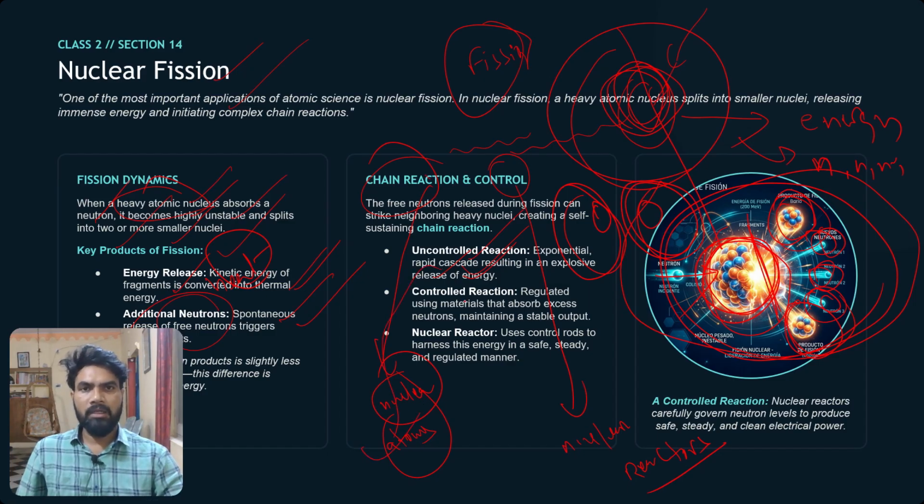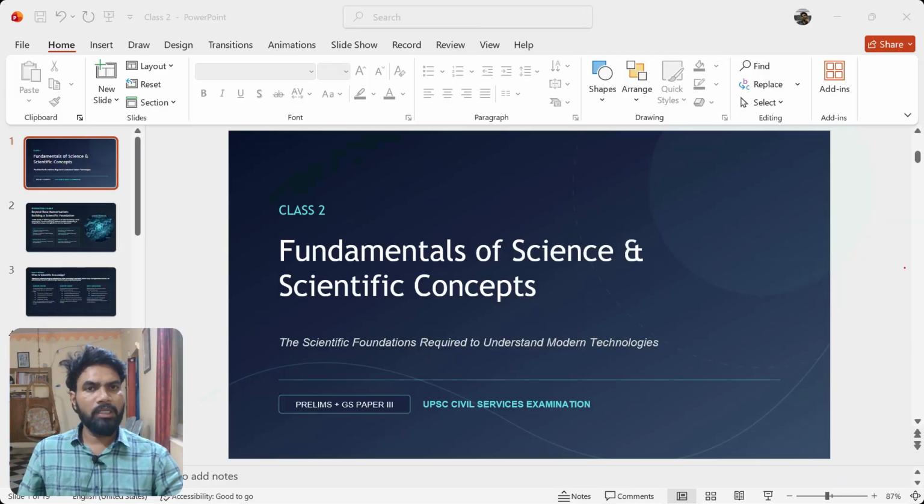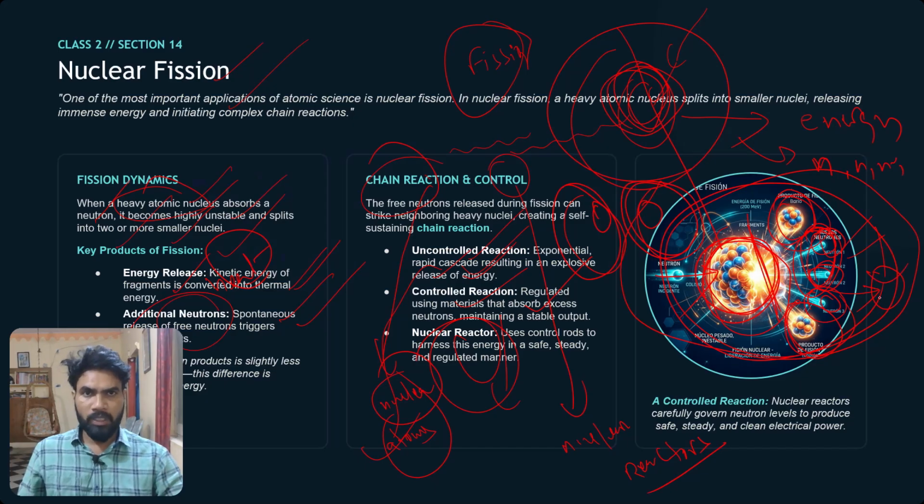The controlled reaction is regulated using materials that absorb the excess neutrons and maintain a stable output. A nuclear reactor works on this principle. Whatever free neutrons are emerging will be absorbed, and one more neutron will be kept free and it will go and hit another nucleus.